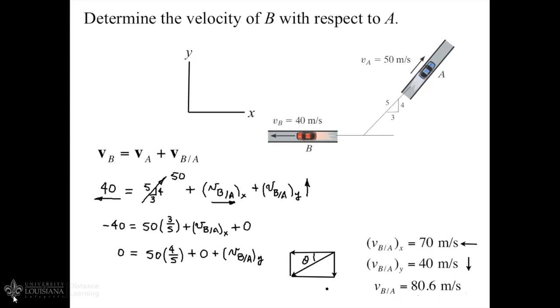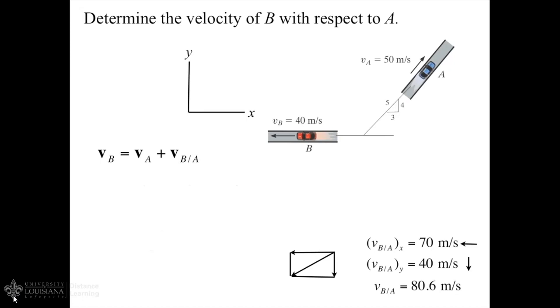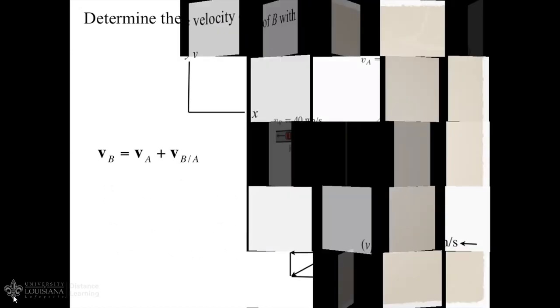How do you get that? Take the arctangent of the opposite side, 40, divided by 70, and you'll find the result. So having given you some idea on how to do these problems, we'll do some more of them numerically in a follow-up lesson. But for now, we'll end this lesson.